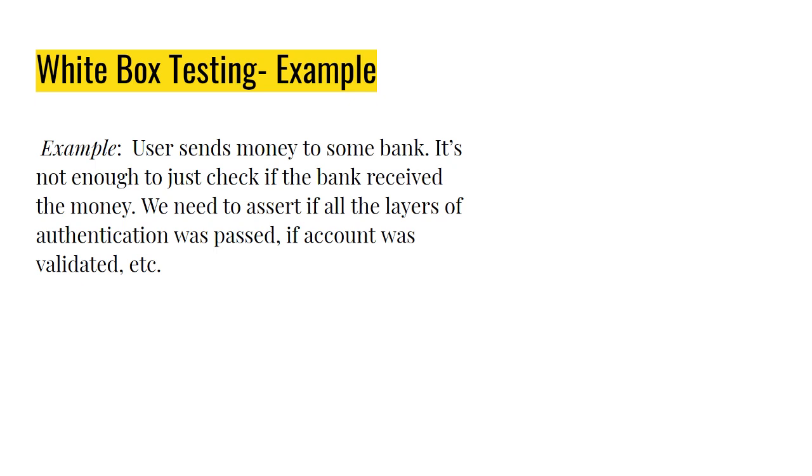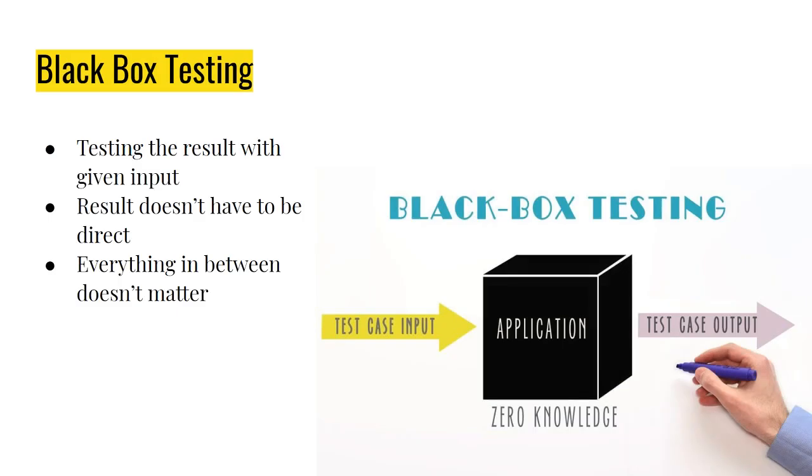It's not enough to just check the account balance after the transfer. It's also important to check the security layers. And in other places where layers of code and the flow are important, it's important to prefer white box over black box.